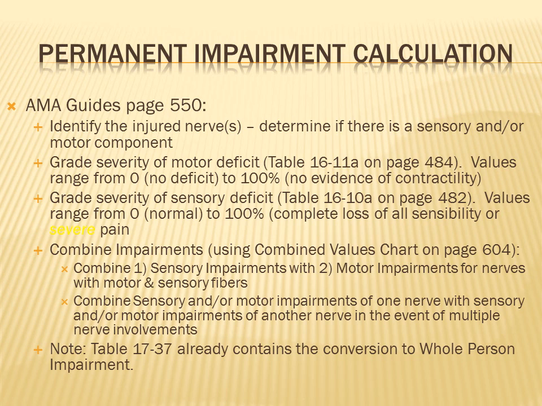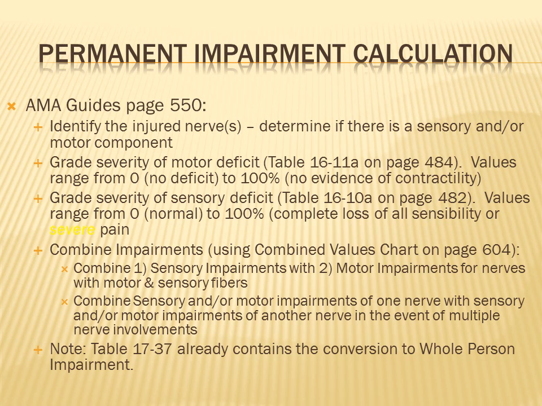In the presence of a motor nerve deficit, you grade the severity of the motor deficit. And we just went over the different severities of motor deficit. That comes from table 16-11 out of the upper extremity chapter. That's on page 484. And this is exactly the same procedure that we use for the upper extremity.